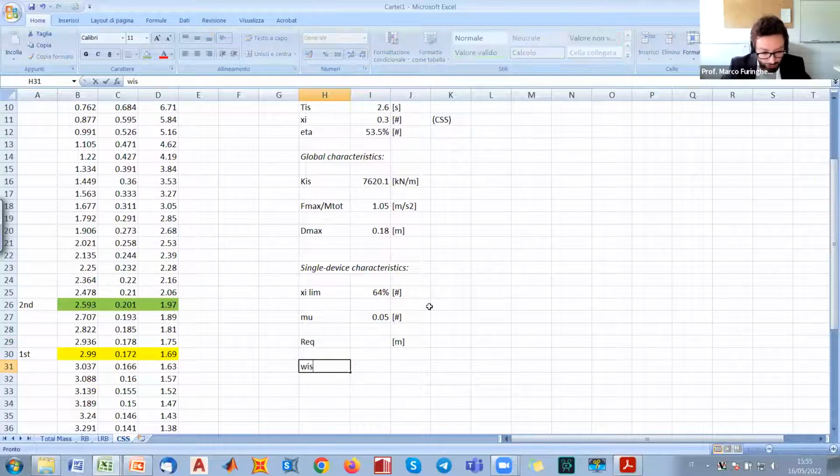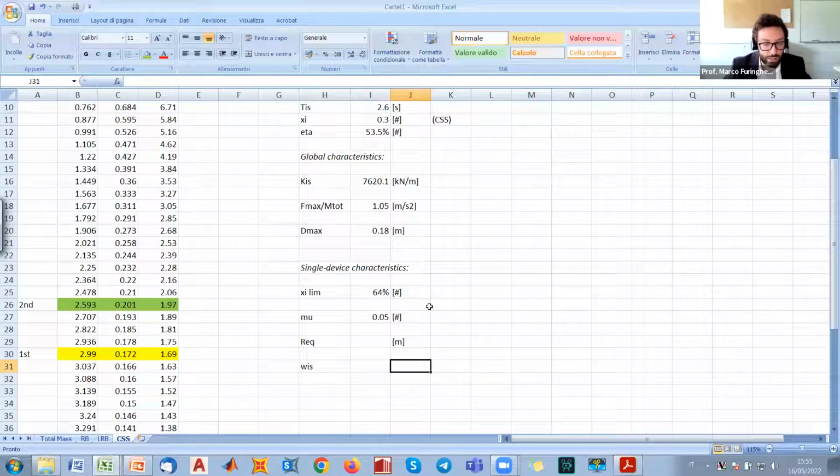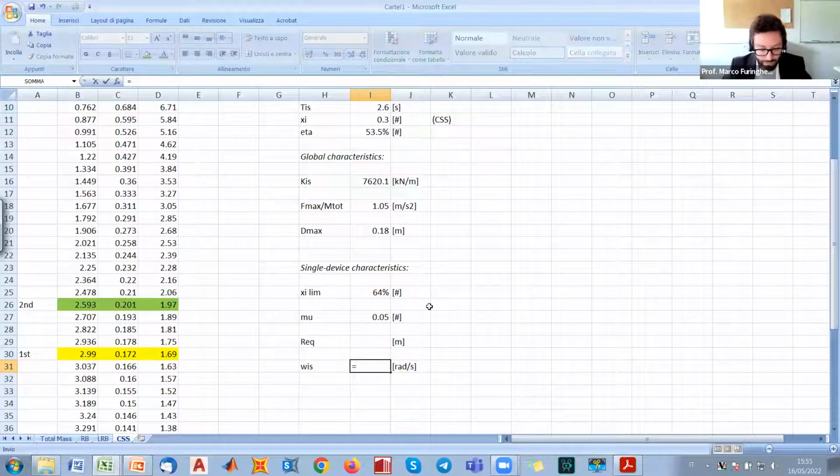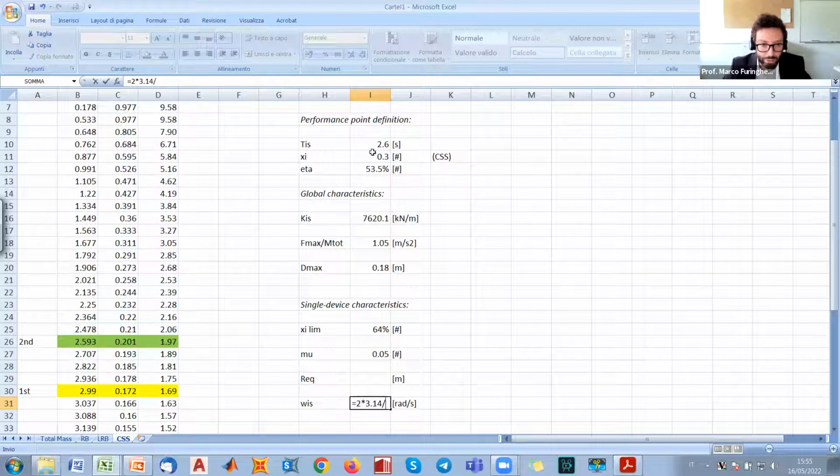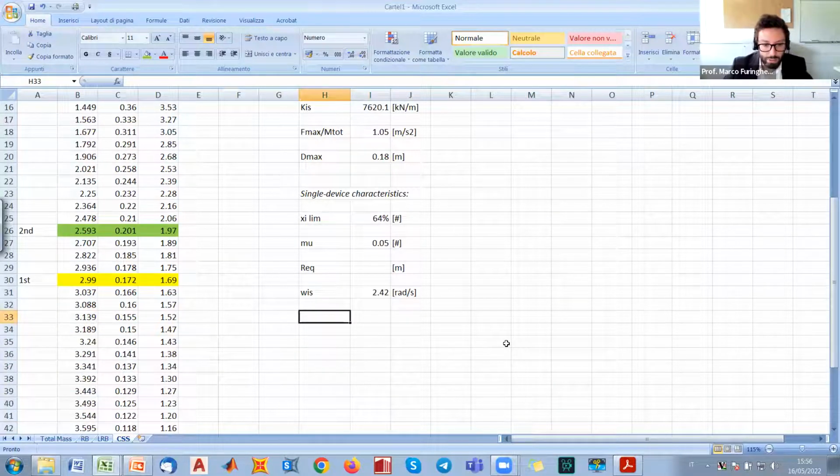We can just add an additional cell for omega isolation, which is in radians over seconds. This is equal to 2 times pi divided by the isolation period assumed for design. This is the omega isolation.